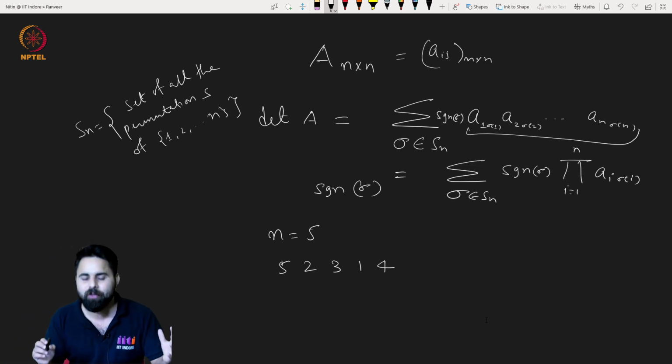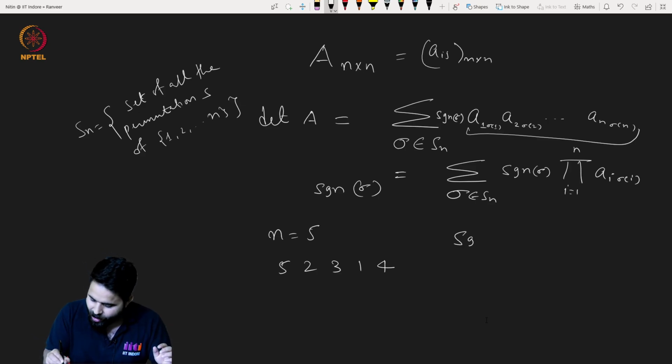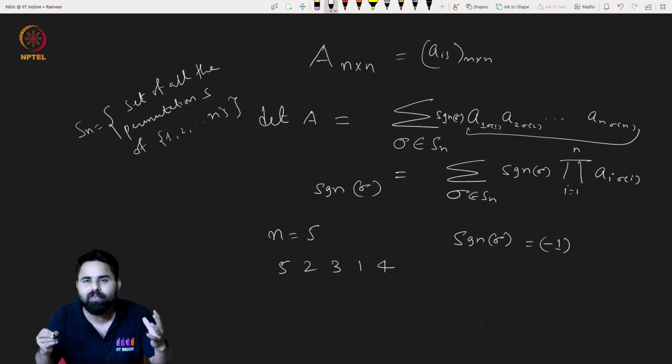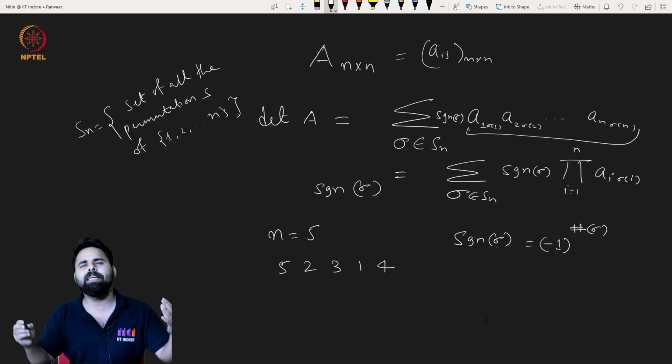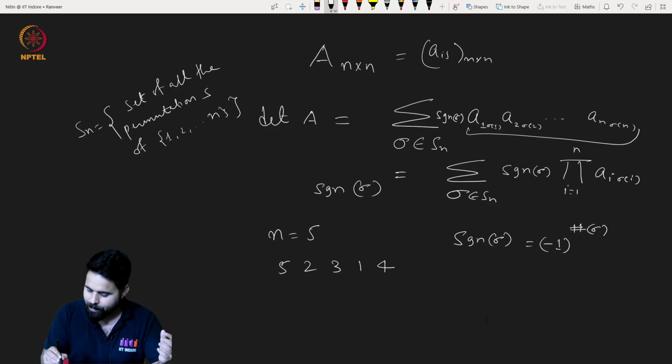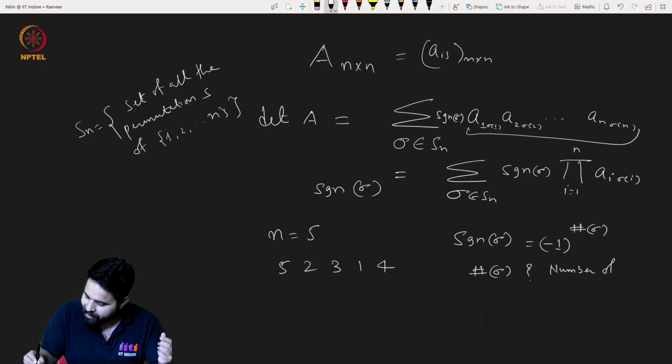The sign of a permutation is nothing but minus 1 to the power of the number of inversions. Let me write this quantity. What do we mean by the number of inversions?